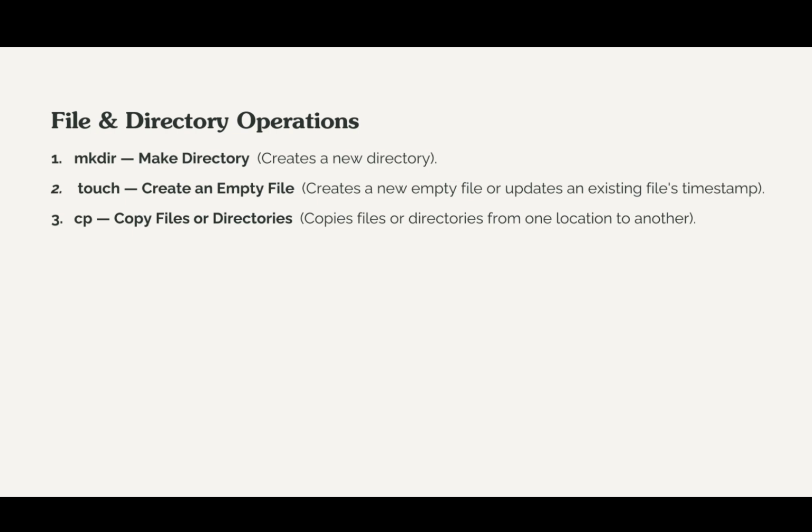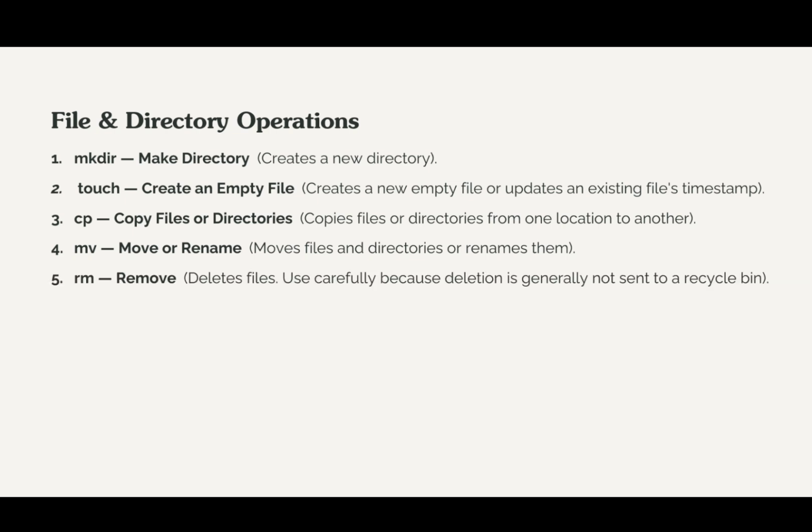The touch command creates a new empty file, and updates an existing file. cp is for copying files or directories, and mv is for moving or renaming files and directories.